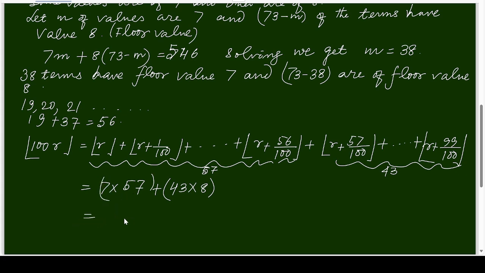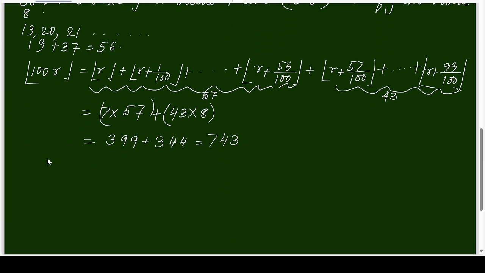The answer will be 399 plus 344. The answer is 743. So floor of 100 r equals 743.